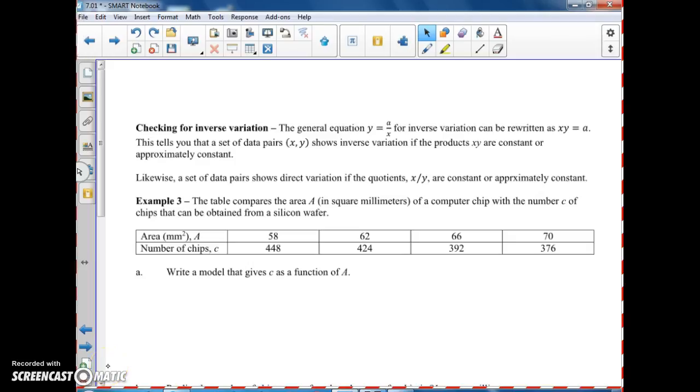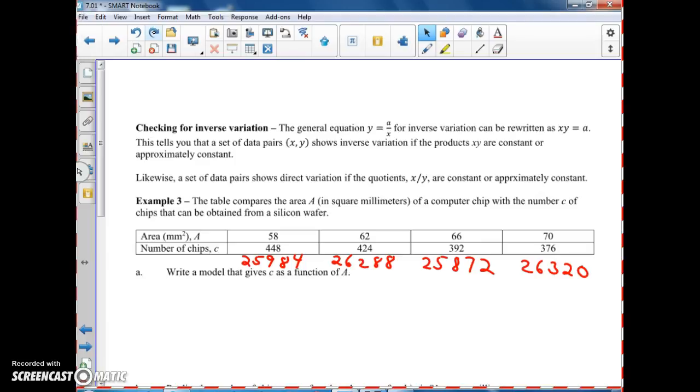Okay, all right, so here we go. When you multiplied 58 times 448, did you get 25,984? Okay, and you got 26,288, and you got 25,872 and 26,320, right? Everybody's good so far.